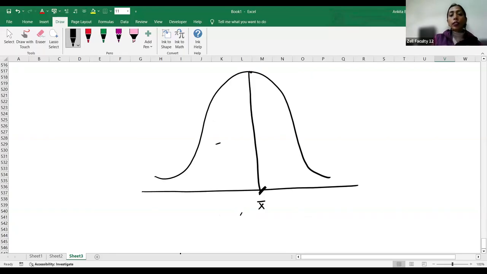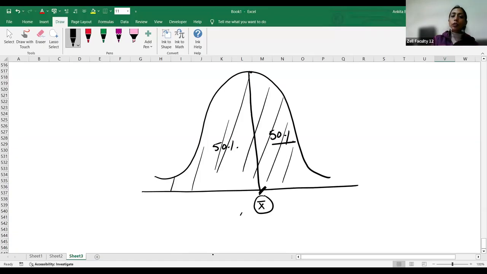Now there is a 50% chance that the values would be below the mean and a 50% chance that the values would be above it. So the whole probability under this normal distribution curve is equal to 100%.